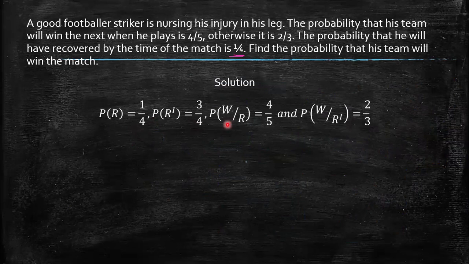Then the probability that the team wins given that he has recovered is 4 out of 5, and given that he has not recovered is 2 out of 3.